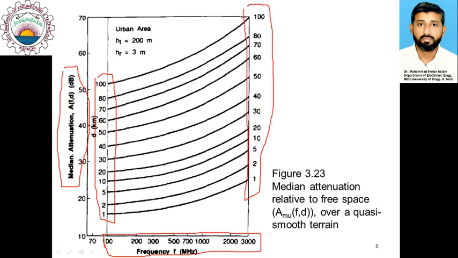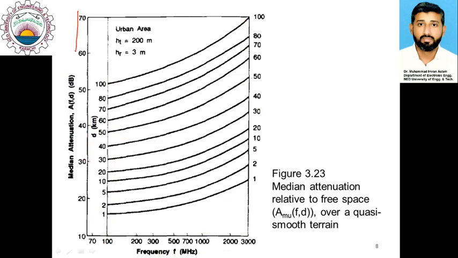In order to see the median attenuation, you have to look at this axis here. This axis is representing the median attenuation. For example, if I want to find the median attenuation at 200 megahertz, I can draw a line here. Let's say I want the median attenuation at 10 kilometers, so you take the curve here that represents 10 kilometers.